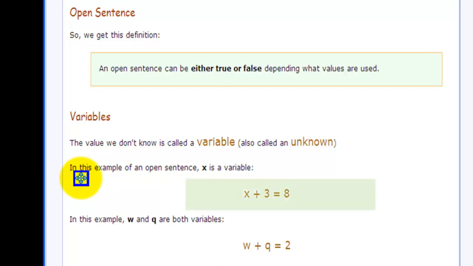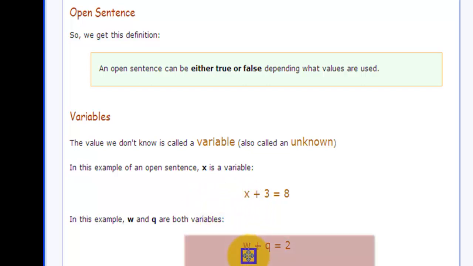In this example of an open sentence, x is our variable. It's our unknown. X can mean 1, 2, 3, 6,041. It doesn't matter. It's unknown. Even though you might know what x is to make it true, it doesn't matter. An open sentence states that it's either true or false.